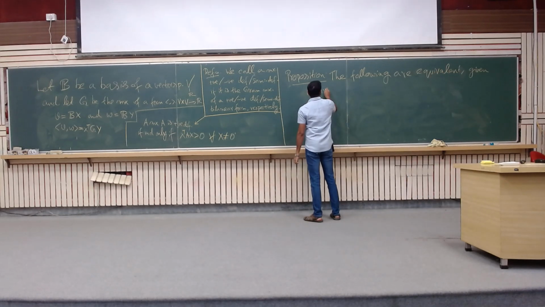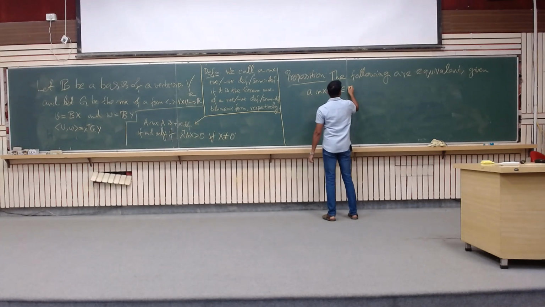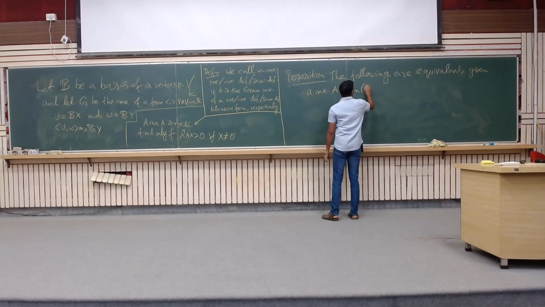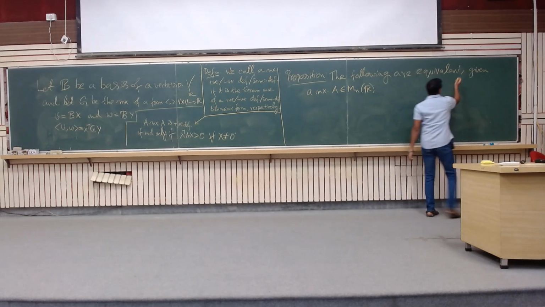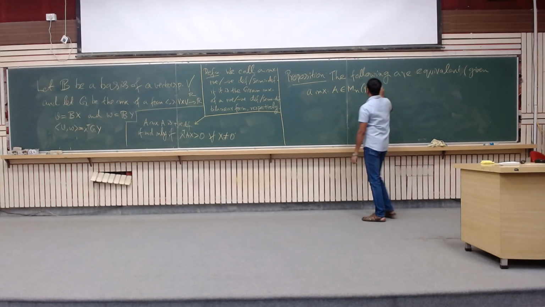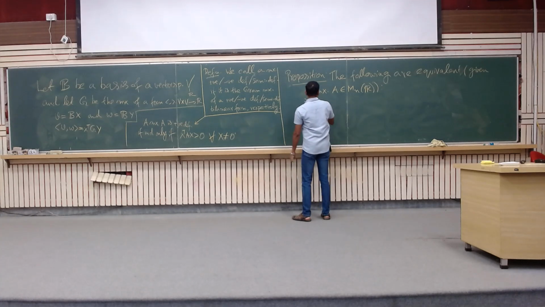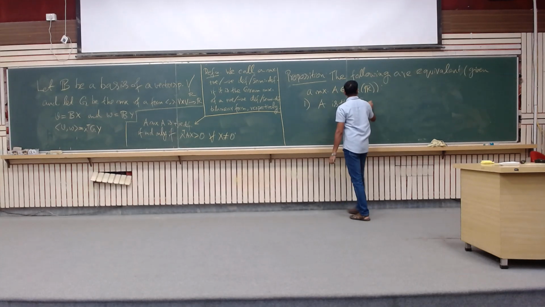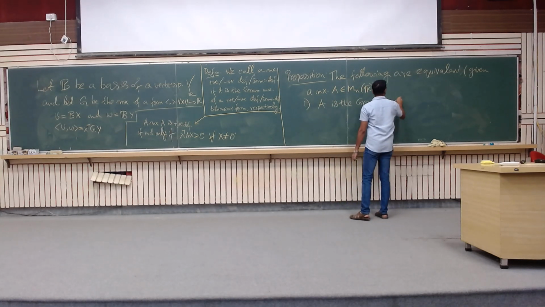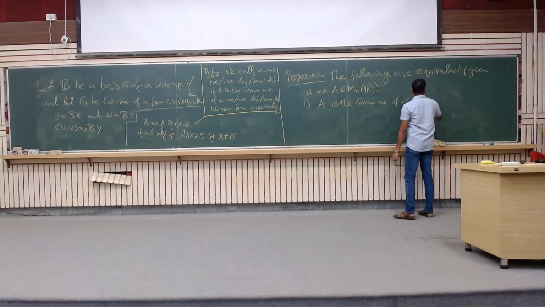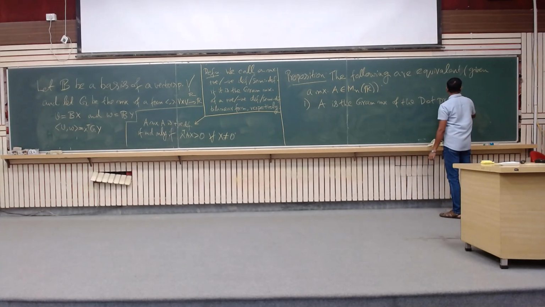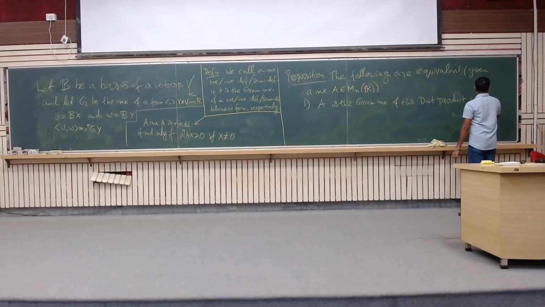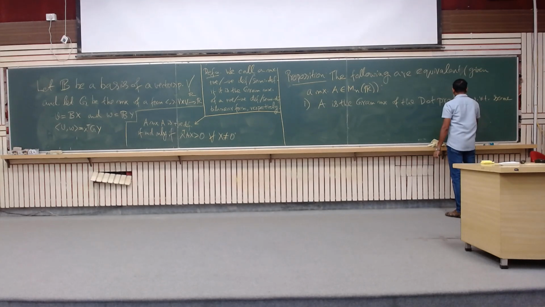Given a matrix A in M_n(R). One: A is the Gram matrix of the dot product with respect to some basis of Rn.